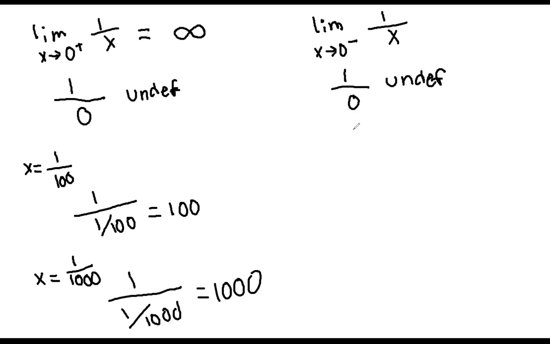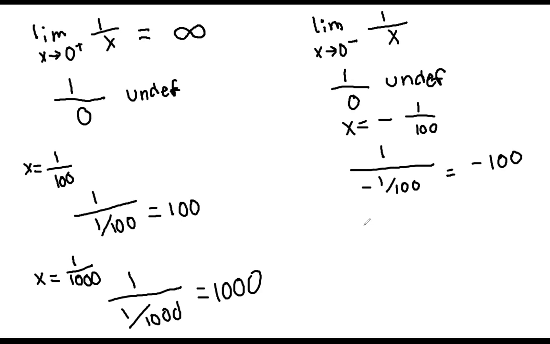Something close to 0 that is negative would be if x is equal to negative 1 over 100. So if we plug that into our function, 1 over negative 1 over 100, which is equal to negative 100. So notice how this is negative, whereas this one's positive. So this one is decreasing without bound, or approaching negative infinity.